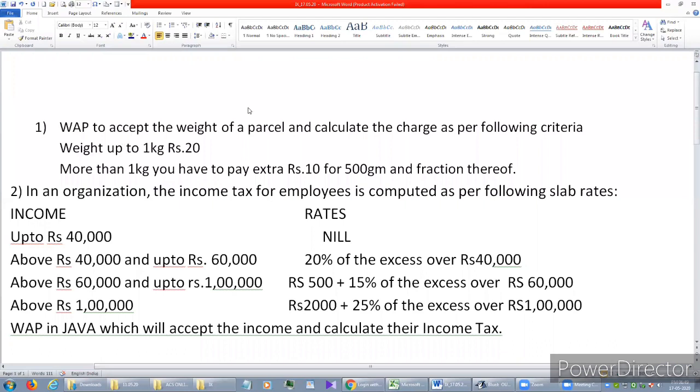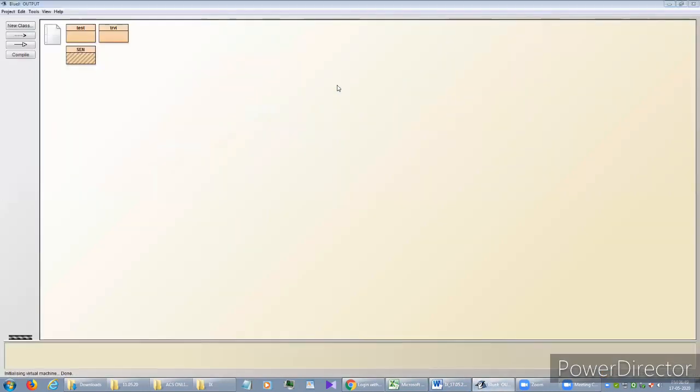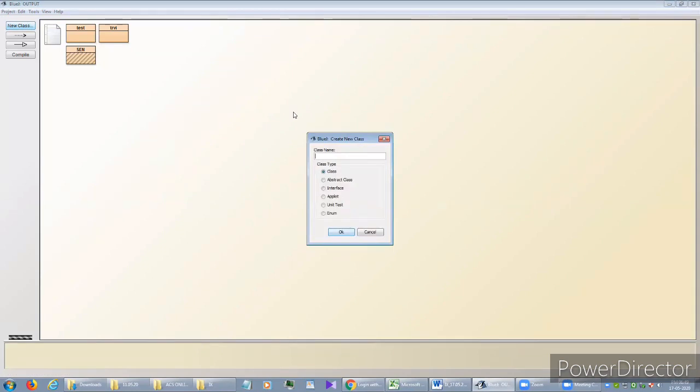Okay, so let's start. How to solve this by using Java. So this is the Java code. I think everyone is able to see the screen. Yes, sir. Okay, so now the name of this class is given as Parcel.